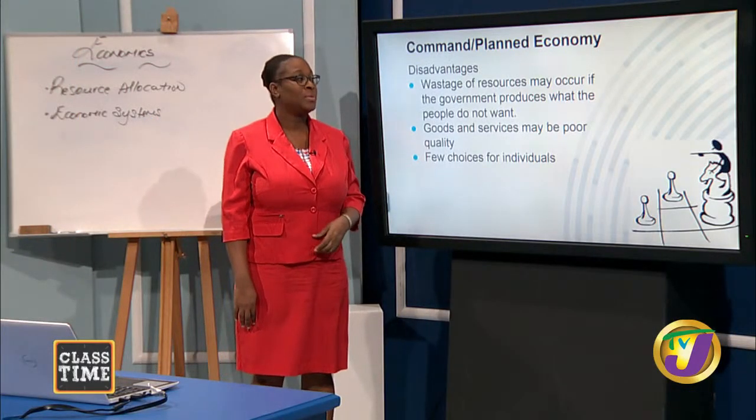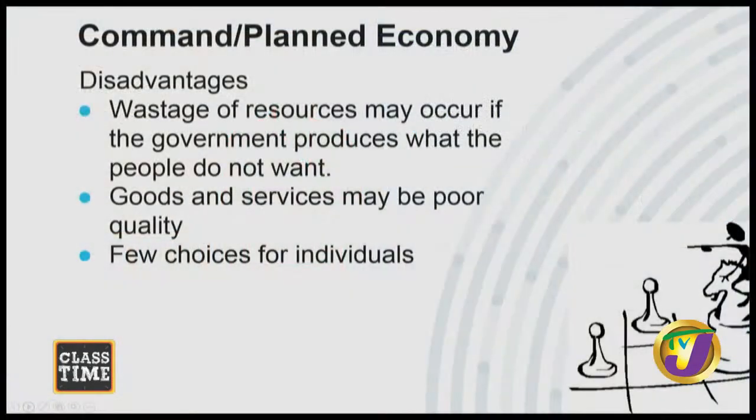Disadvantages, however, is that even though the government dictates what must be produced, if they are producing things or items that the society is not interested in, then you're going to find wastage of resources because they're going to produce it and persons do not want it. All right?